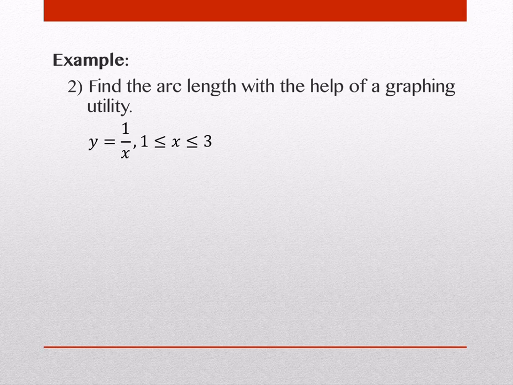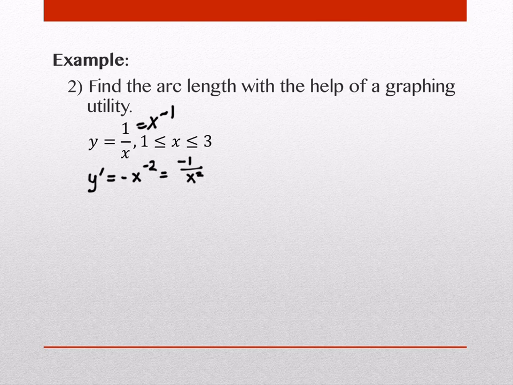Okay, so what was the first thing that we had to do in order to use either of those formulas for arc length? The derivative. So this is actually like x to the negative 1. What is the derivative of x to the negative 1? You're thinking about antiderivative. We want derivatives. Negative x to the negative 2 or negative 1 over x squared.